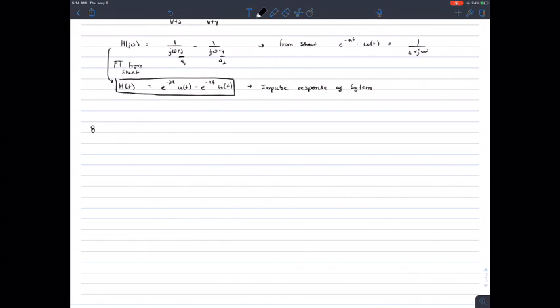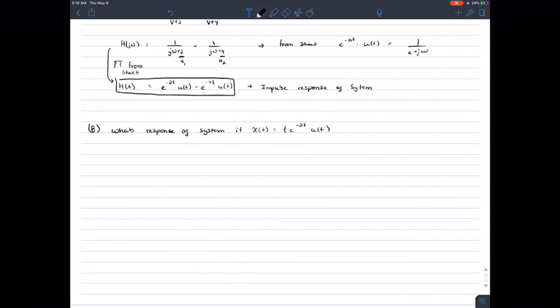Okay, let me write it out before I start talking. What's the response of the system if x of t is equal to t e to the negative 2t u of t?